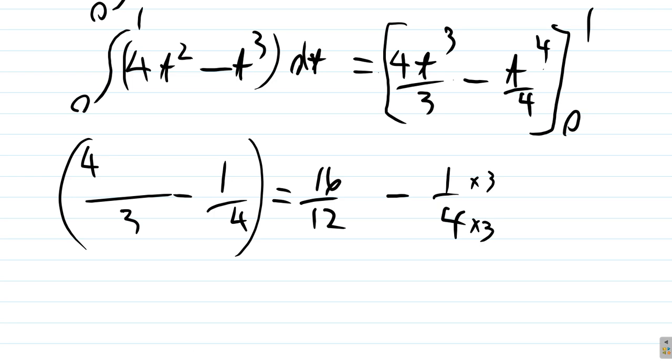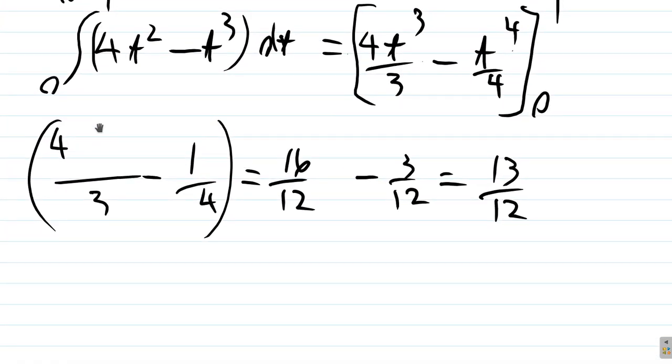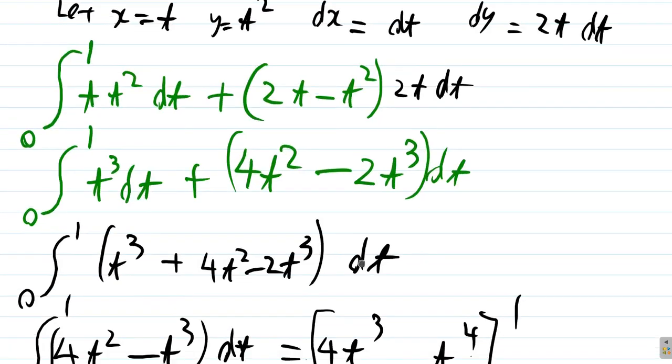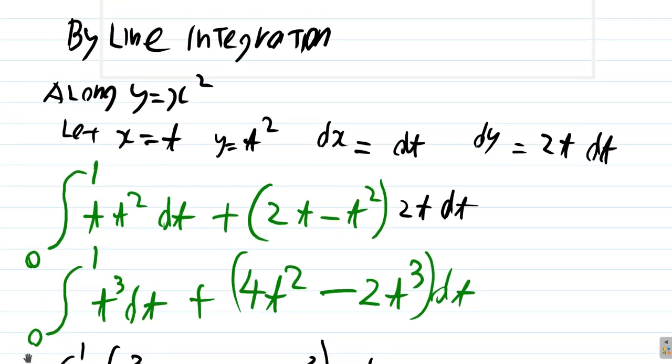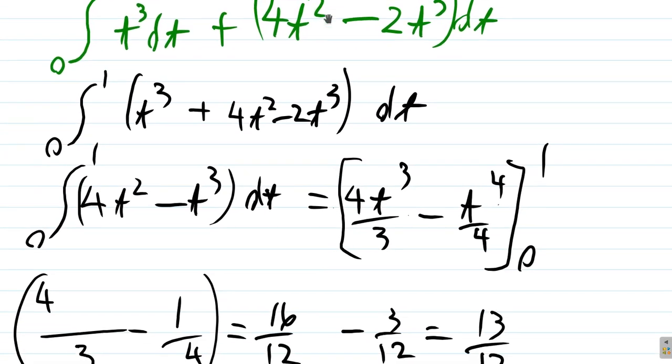The bottom would be 12 and the top is 3, so it's 3 over 12. 16 minus 3 is 13, so this is 13 over 12. So when you integrate along y equal x squared, what you get is 13 over 12.